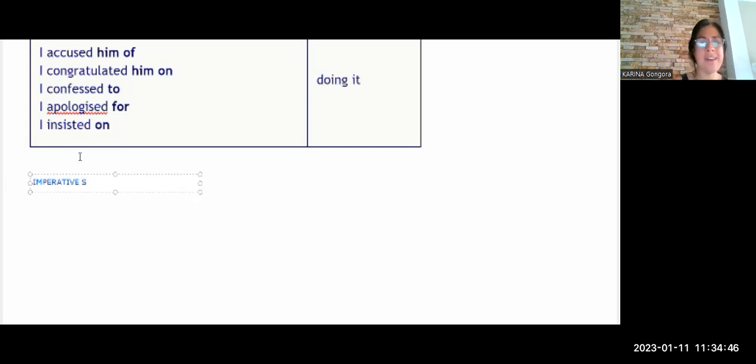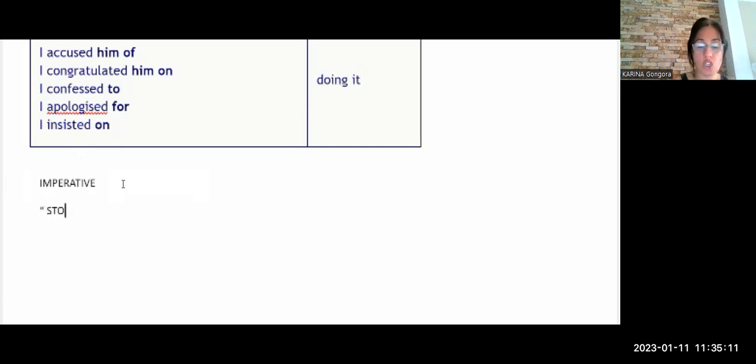Well, never mind. I will do it with the actual thing. There you go. Okay. When the sentence is an imperative sentence, right? Which means that it's an order. For example, I will write one in the affirmative and one in the negative.